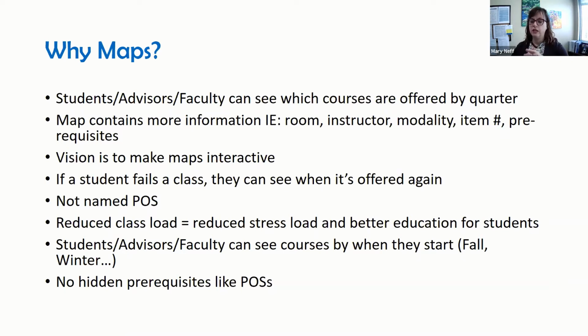And then once the maps are completed, we're going to send them through curriculum and assessment, and those prereqs and modalities will be approved there. So we won't have to do a ton more paperwork, but we can get those prereqs added so that hopefully they're ready for CTC Link when we go live in May.